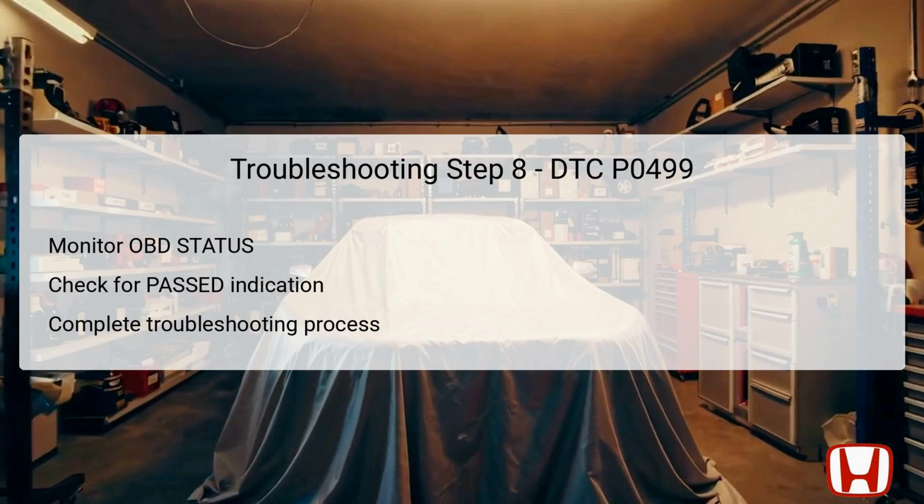In cases where an original ECM or PCM was substituted, replacing this with the original unit is necessary once successful completion is established. Conversely, if the outcome of this step is indicated as failed, further checks at the EVAP canister vent shut valve, connections and terminals must be conducted to ensure proper voltages and functionality are maintained. This structured step ensures that all angles are examined before wrapping up diagnostics.